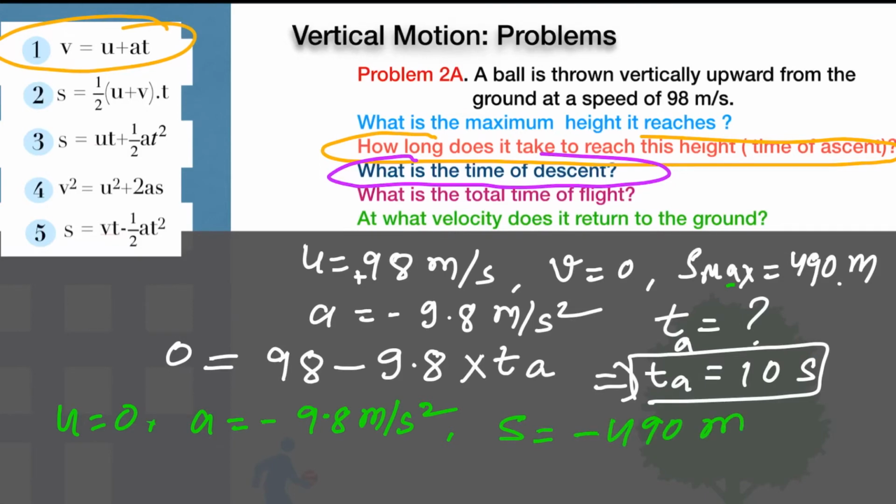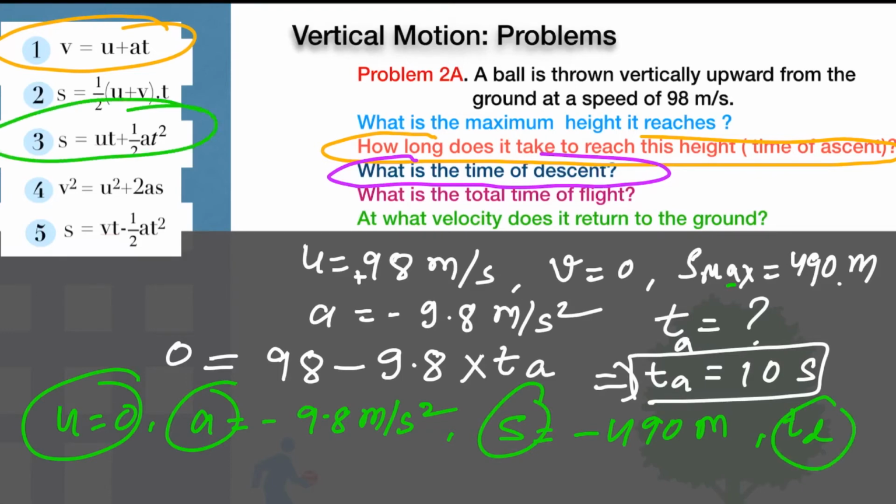So we know these three variables, and what we need to find out is the time of descent. Here we have three known variables: initial velocity, acceleration, displacement, and we need to find the time. So equation number 3 is the most suitable equation. Now put the values of these variables.